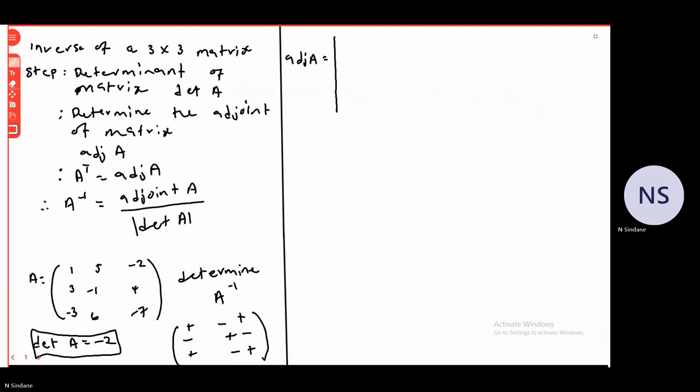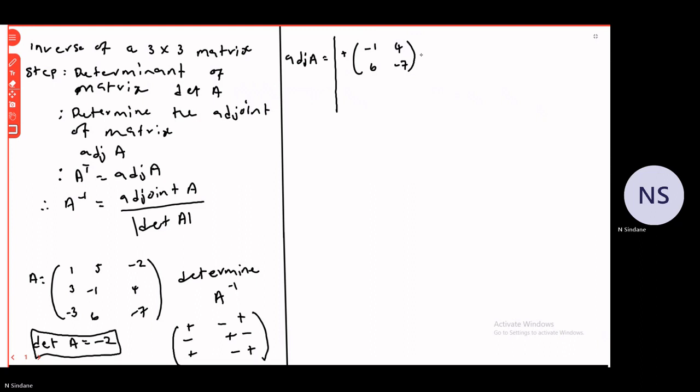So you'll have positive into minus 1, 6, minus 1, 6, 4, 7. And the coefficients that we use for this will always be 1.